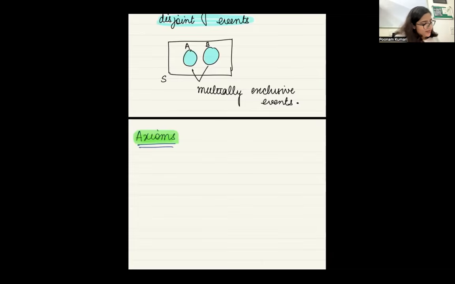And why are axioms made? They are made so that intuitively things can make sense, because if you do not assume them to be true, intuitively everything will fall down. Made so that intuitive sense or notion holds.